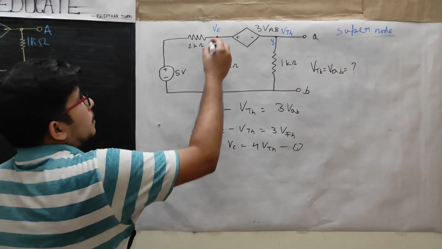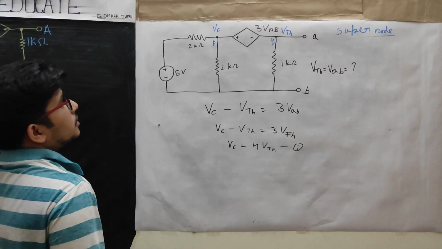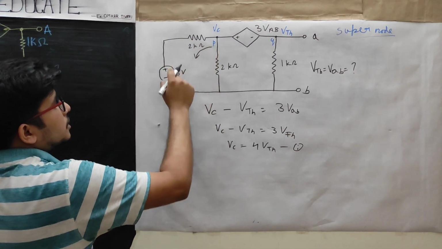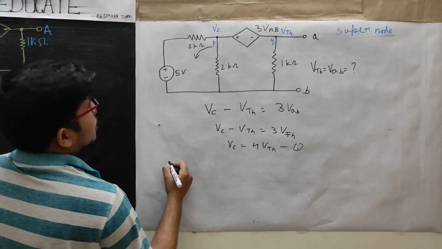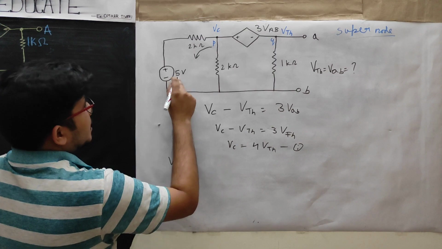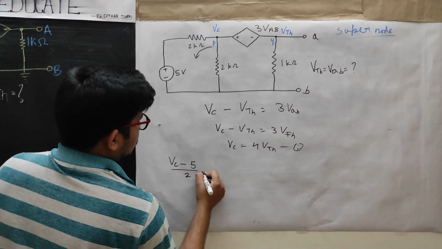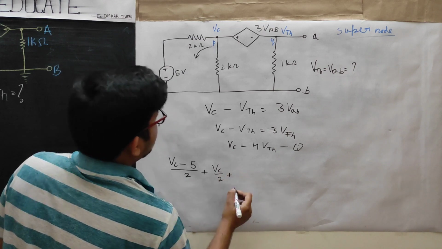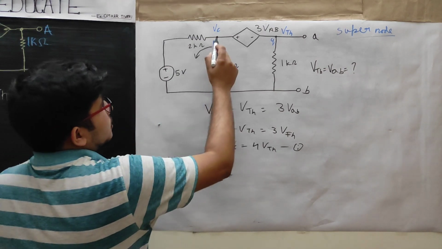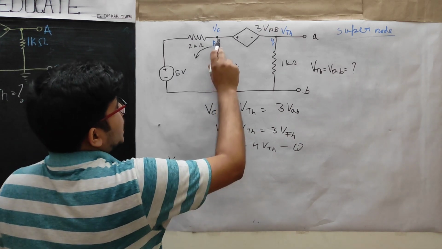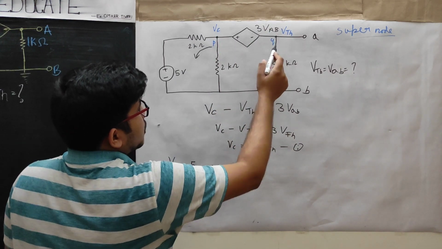Now applying nodal analysis at this point. The current in this direction will be (VC minus 5) divided by 2 plus VC by 2 plus, now this point and this point are considered as one point, so instead of applying at this point, I will apply the nodal at this point.